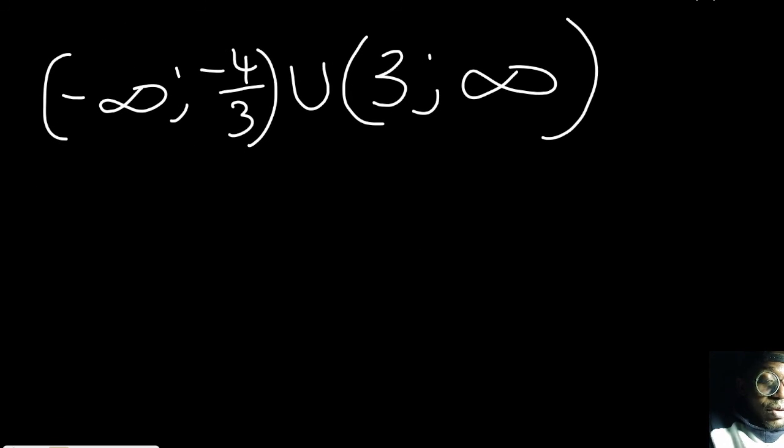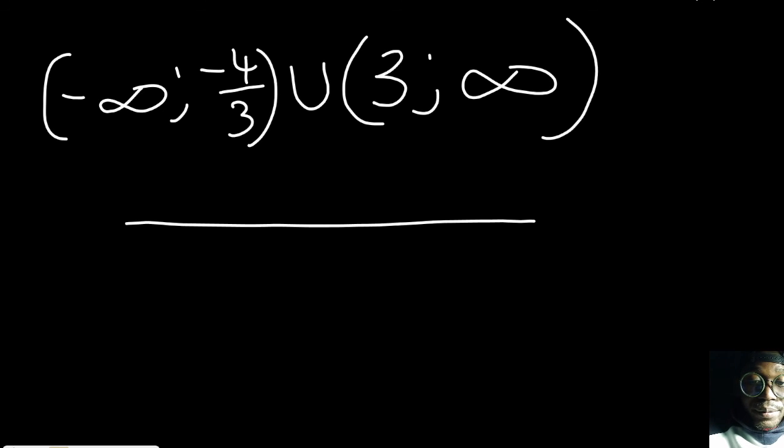So we're going to continue by putting this on our number line. Remember there are other numbers as well, but I'm just going to use these two numbers from our answers.